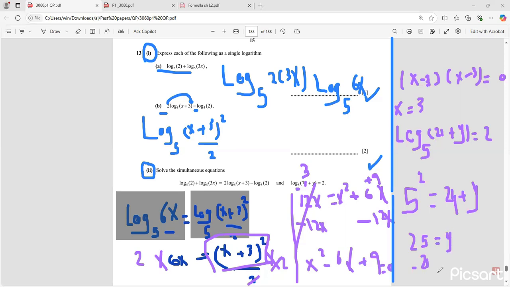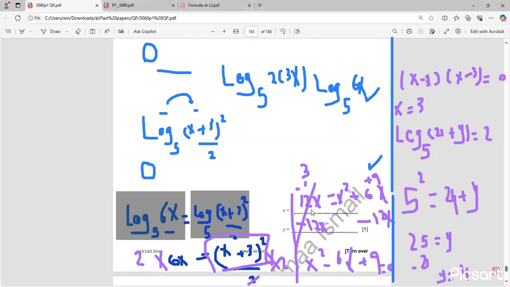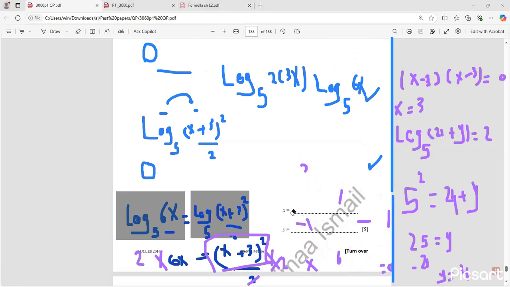So y now equal to 4, and x equal to 3, and we did it. Let's see the next.